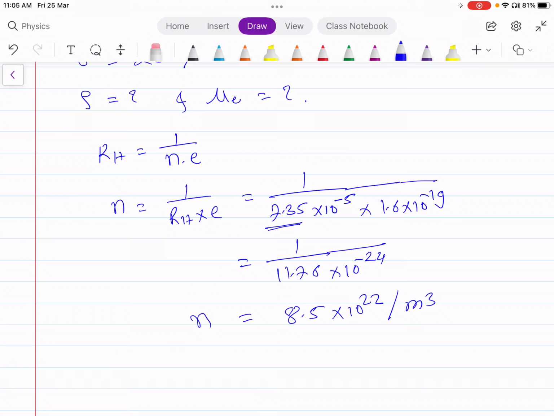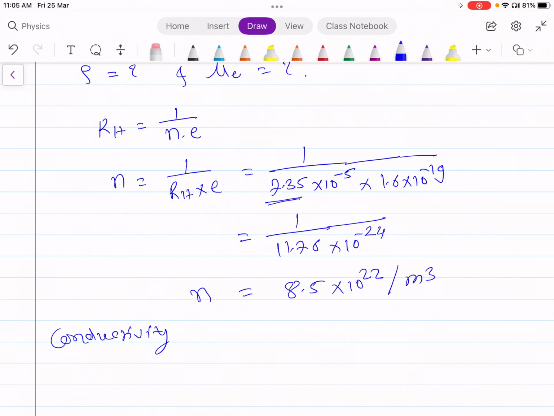Now for the conductivity. Conductivity in terms of mobility is sigma equal to ne into mu e plus mu h.